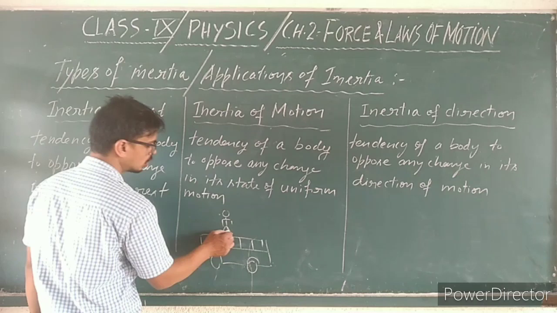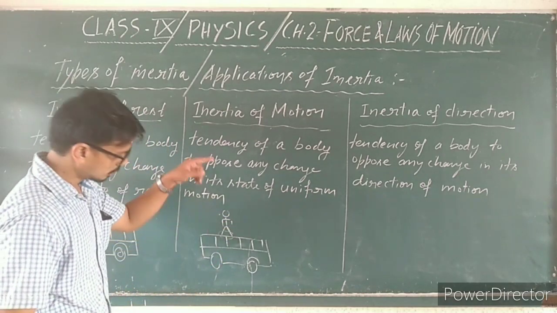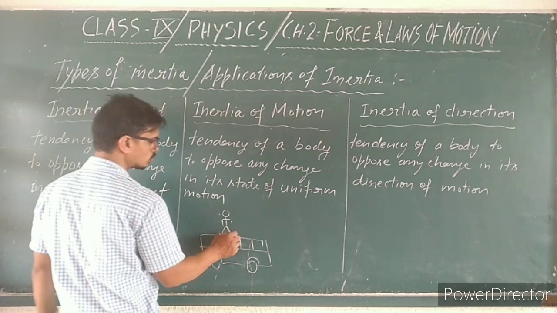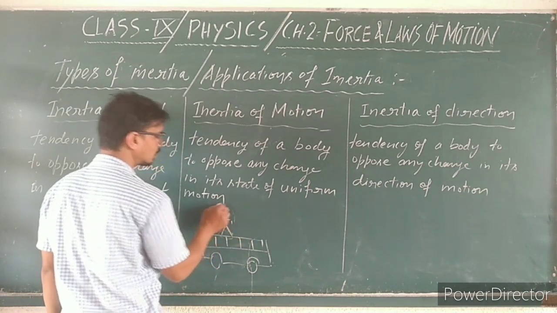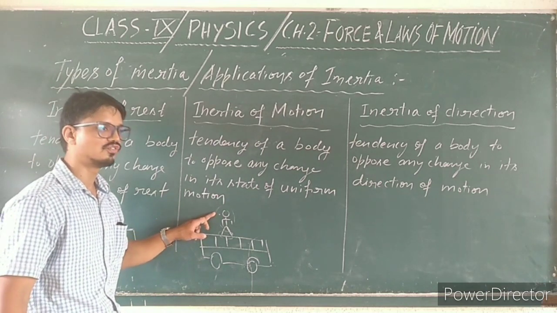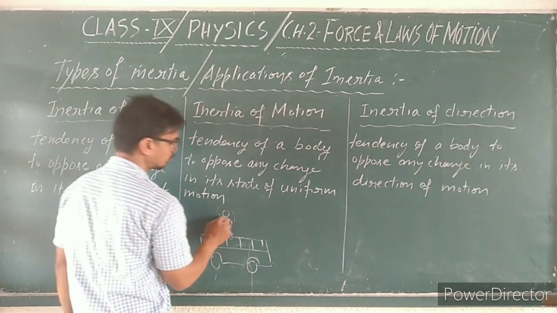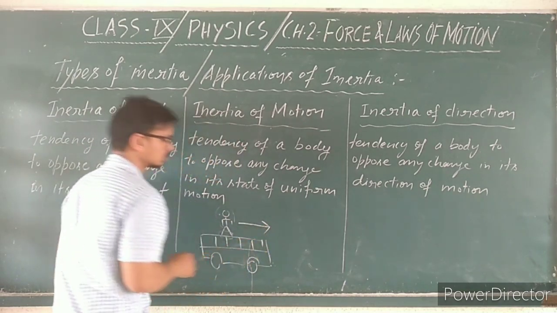In this case, the lower part of the body, which is in direct contact with the bus, comes to rest, but the upper part of the body still remains in uniform motion because of inertia of motion. So he falls in the forward direction.